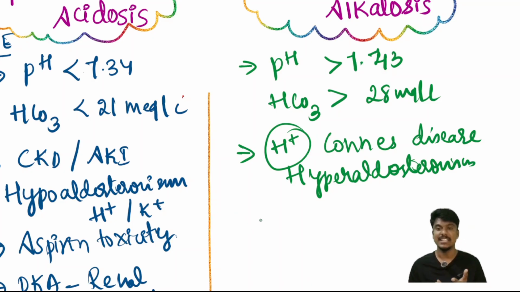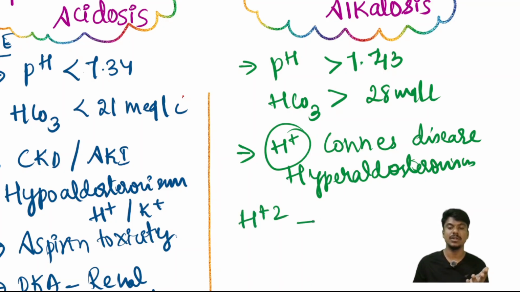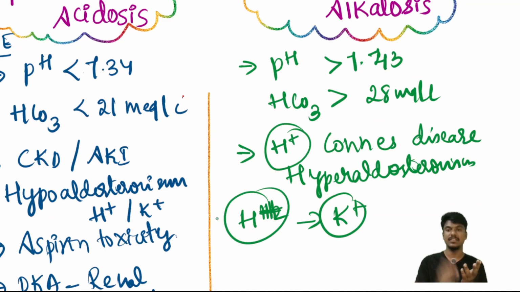Here there is more aldosterone, nothing but more washout. The H plus ion and potassium will both be washed out of the body. If there is washout of H plus ion, it will cause alkalosis. If there is washout of potassium, it will cause hypokalemia.